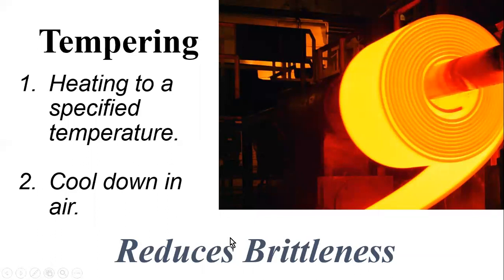Tempering consists of heating the metal to a specified temperature and then permitting the metal to cool. The rate of cooling usually has no effect on the metal structure during this tempering. Therefore, the metal is usually permitted to cool in still air. Still air would be the usual air that you're breathing.